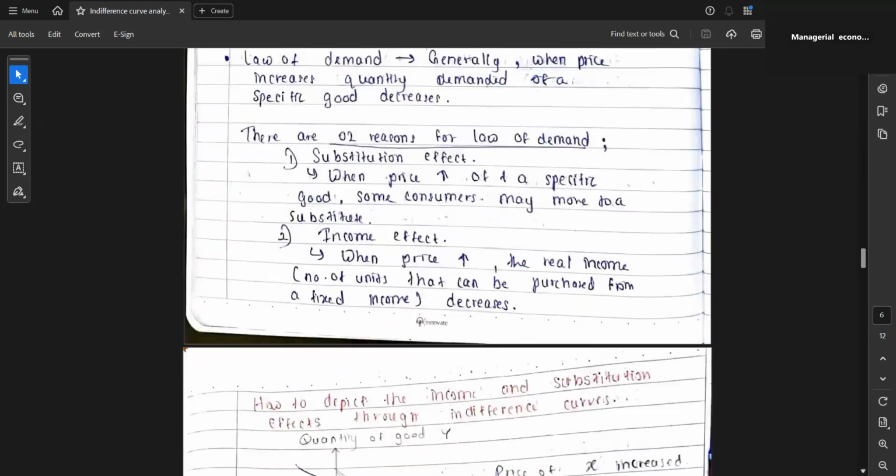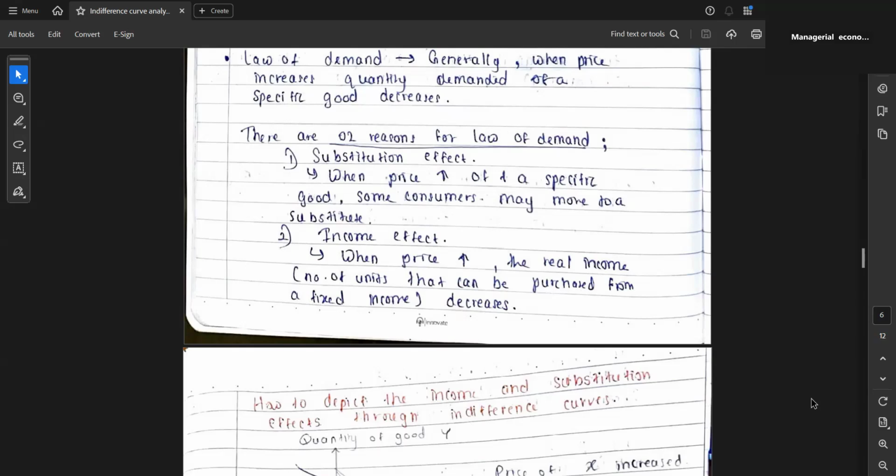So there are two reasons for the law of demand. The law of demand is when price increases, usually the quantity you demand of a certain good decreases. That is the law of demand. There are two reasons for that: the substitution effect and the income effect. The substitution effect is when the price increases, some of the consumers will shift to a substitute product.